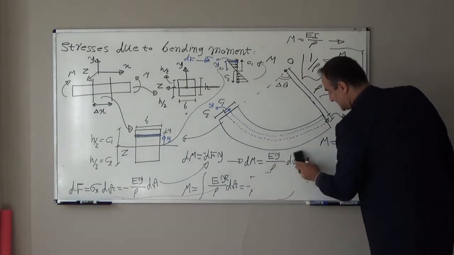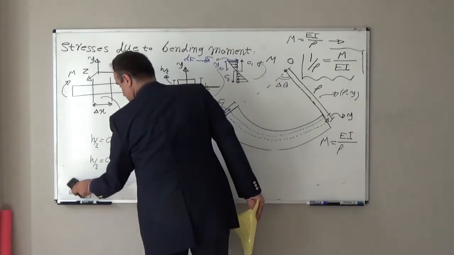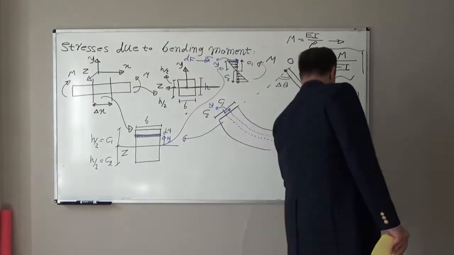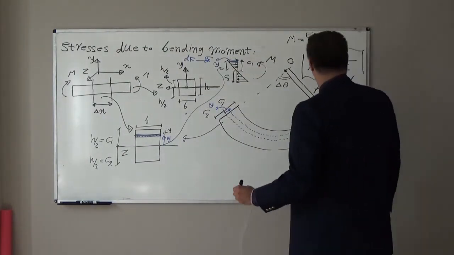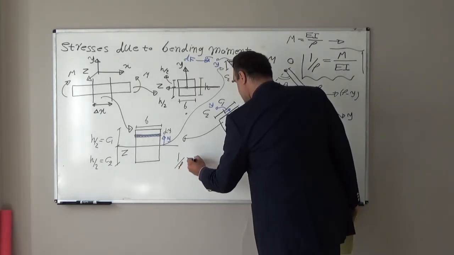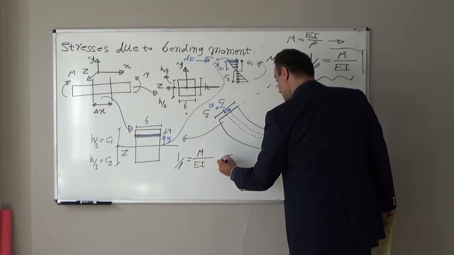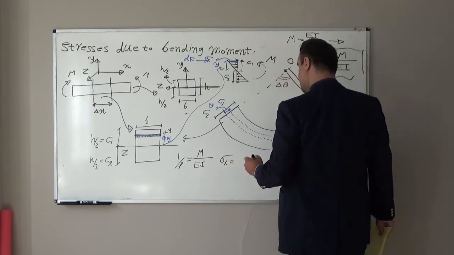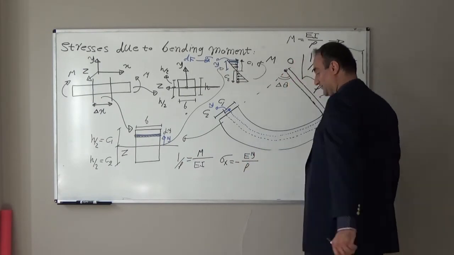So we found 1 over rho is equal to M over E I. On the other hand, if you remember, epsilon x is equal to minus y over rho, so sigma x is minus E y over rho.